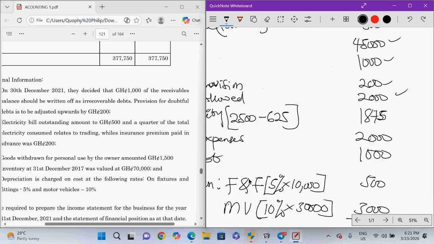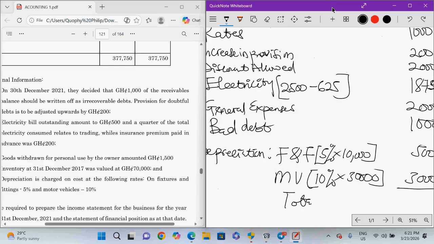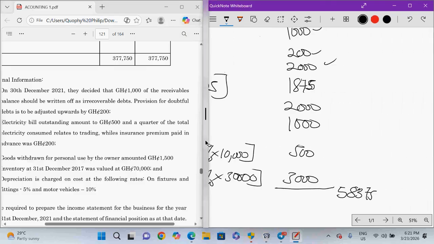Someone should also verify. Two heads are better than one. 58,375. So that is what? Total expenses.